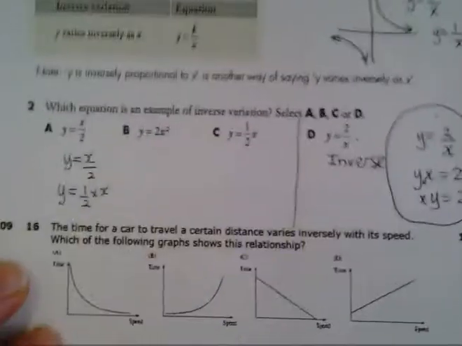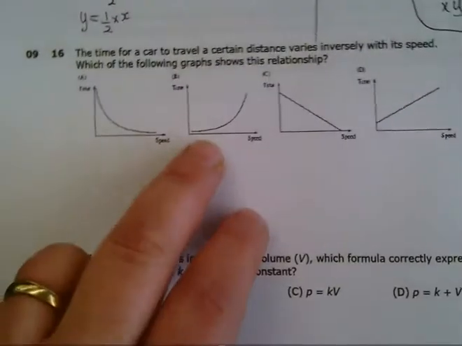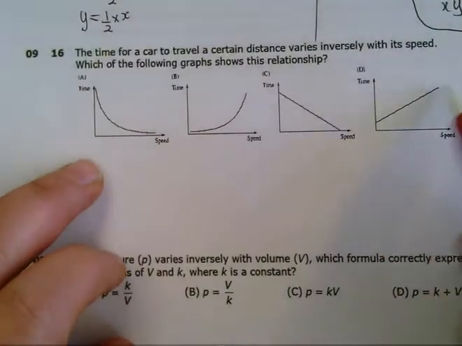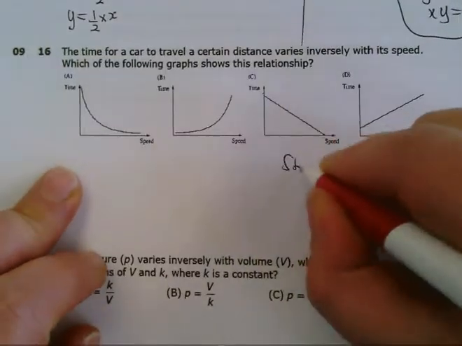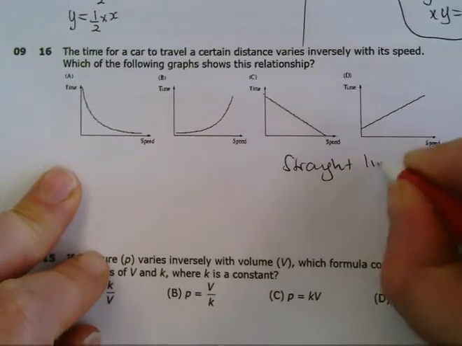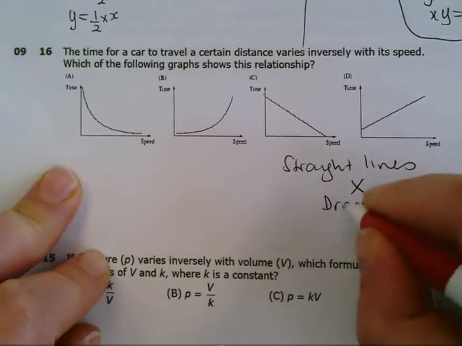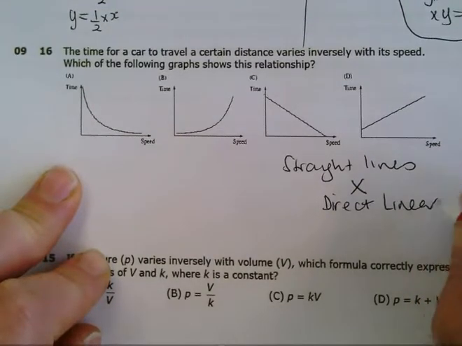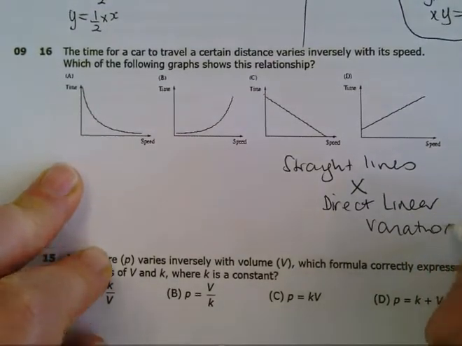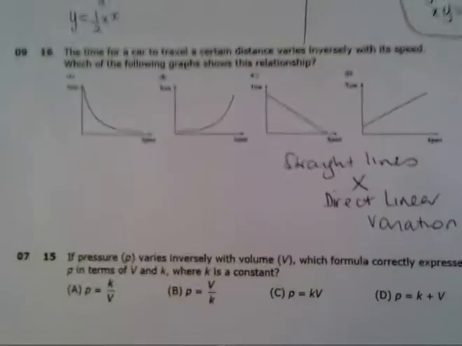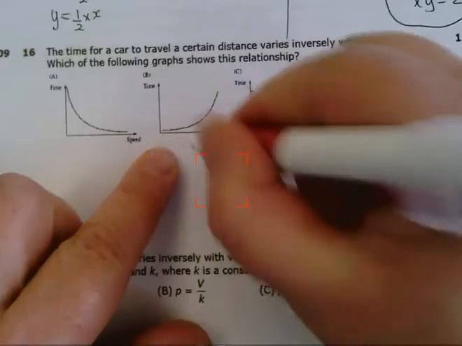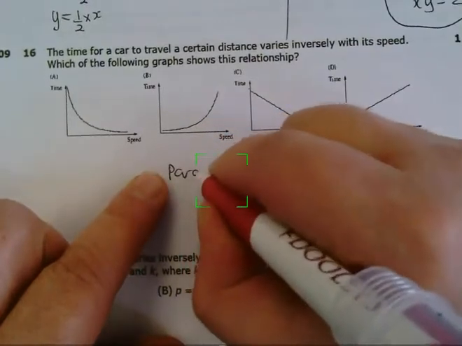Now, girls, as I said, inverse variation, which graph? That's a straight line, so that's not right. They're straight lines, so that's not right. They're direct, linear variation. What about this one? What shape does it look like? Couldn't that be a parabola?